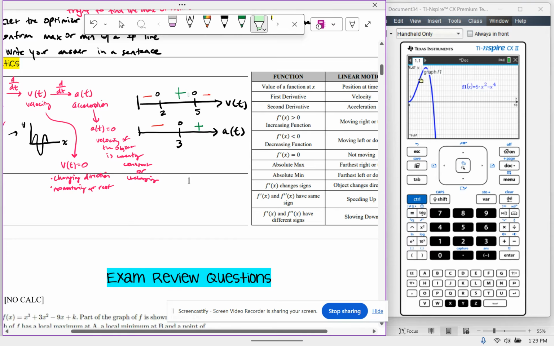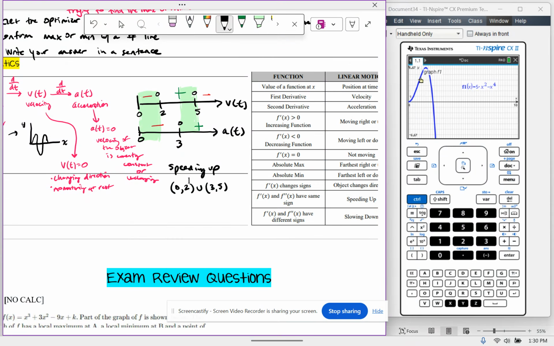So this guy is going to be speeding up from 3 to 5, and then again from 0 to 2. So we would say that this guy is speeding up from 0 to 2, and then again from 3 to 5. Let's say this guy starts at 0.